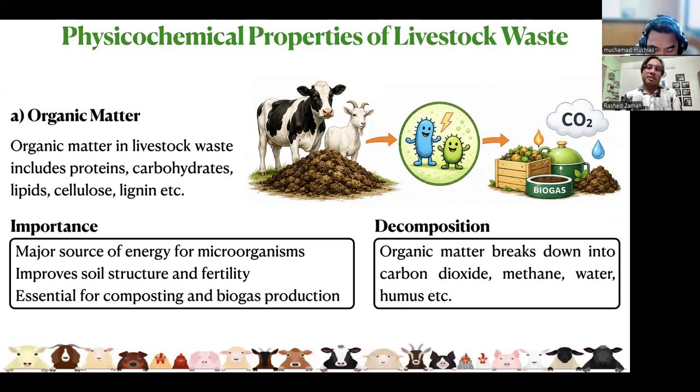When decomposition occurs, the organic matter breaks down with the help of the microorganisms into carbon dioxide, methane, water, humus, etc. So if the organic matter is present in higher amount in the livestock waste, it is very useful for the environment, because when this type of waste is applied to the soil, the fertility of that soil can be increased and plants get their proper nutrients from that soil.